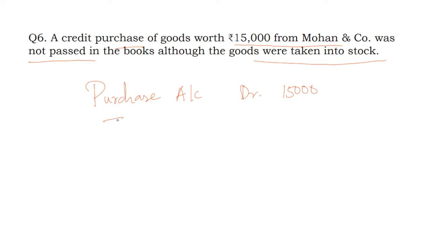Just record purchase account debit to Mohan and company. We have purchased goods from Mohan and company, so I'm writing Mohan and company, 15,000. Do not write "personal account" after Mohan and company or Ramesh or ITC company. Only the name is written.